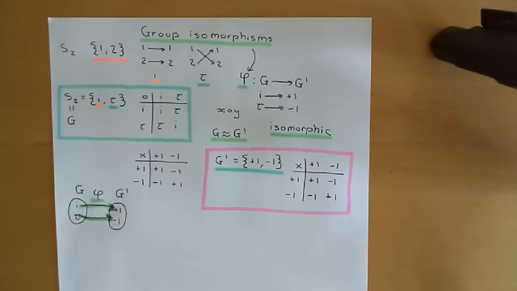It is this relabelling map, basically, that takes all the elements in your first group, G, and relabels them with an element in your second group, G prime. Okay, now, that's lovely. We've got a relabelling map, but of course, if the two groups are really going to be isomorphic, there has to be more conditions on phi than it just being a relabelling map.